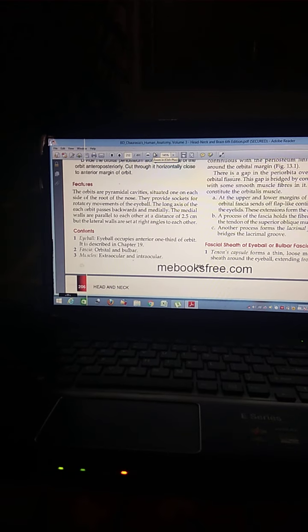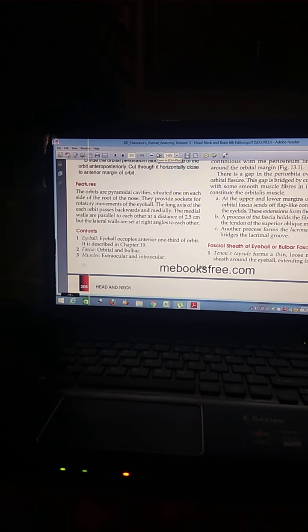The orbit contains the eyeball, which occupies the anterior one third of the orbit, and fascia: orbital and bulbar. Muscles: extraocular and intraocular. Vessels: ophthalmic artery, superior and inferior ophthalmic veins. Nerves: optic, oculomotor, trochlear, abducent branches.